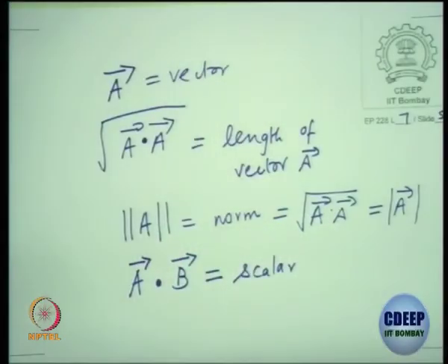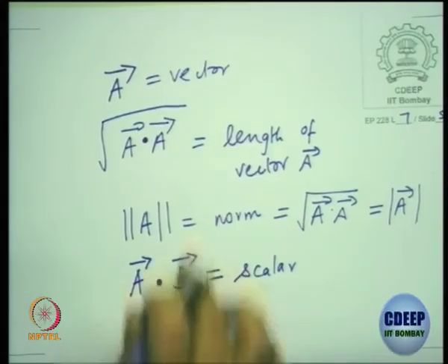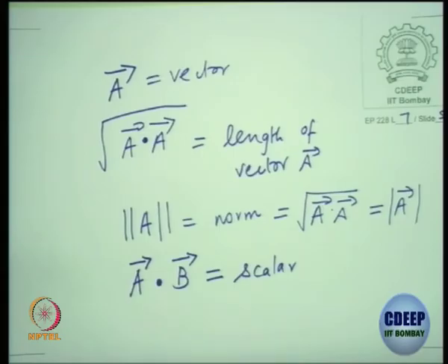It will become a new vector. A will become a new vector, B will become a new vector, but A dot B will remain the same. So, it is a scalar. And when B is equal to A, you get the definition of the length of a vector, or the norm of a vector.